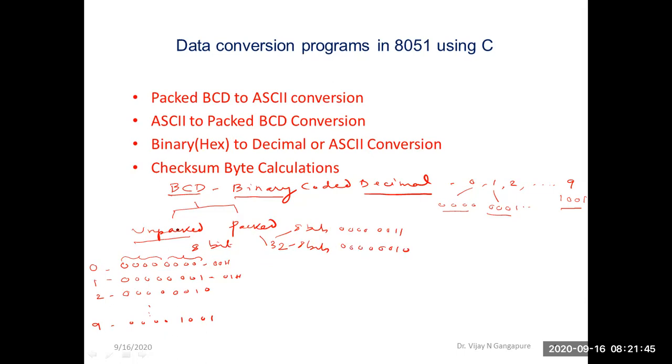So this is unpacked. To represent the BCD number 32, we require two 8-bit numbers, isn't it? So these are unpacked, meaning the upper 4 bits or upper nibble is not packed with BCD number.